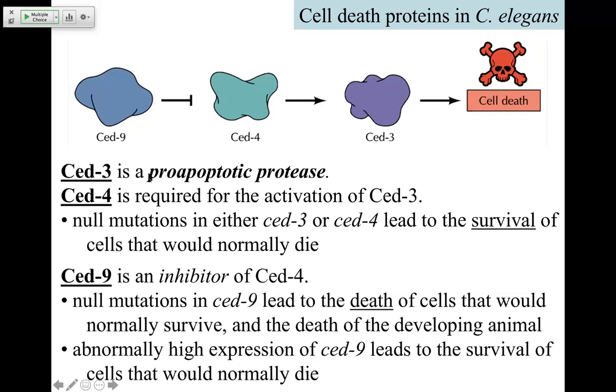So this is an example of where genetics, by mutating, screening for collections of animals that have mutated different components, helps you piece together what are the normal sequence of events. So we've got an inhibitor and we've got a couple of activators of cell death. So what are these, right? So let's look at CED3 specifically. What kind of protease is that, and how does it carry out this cell death?